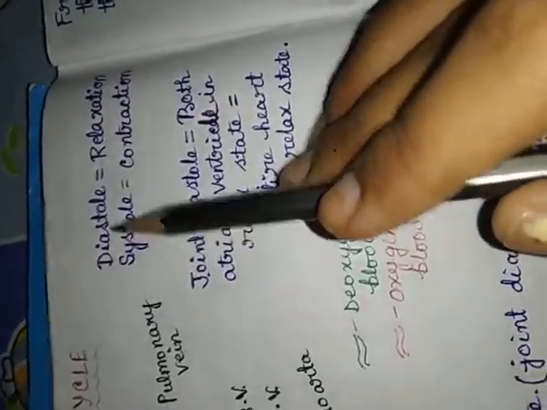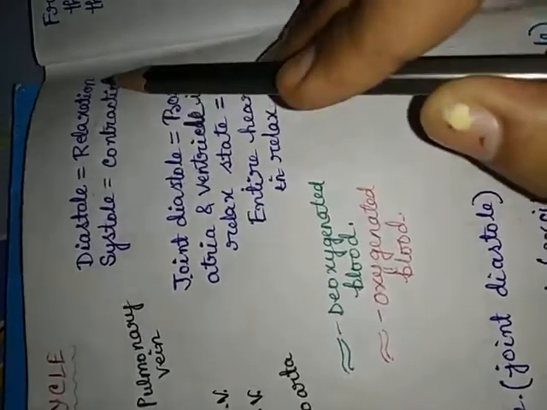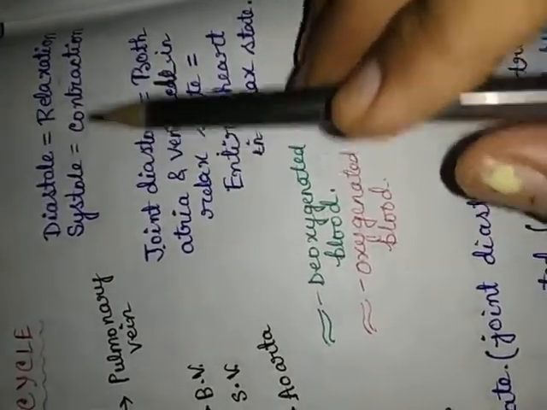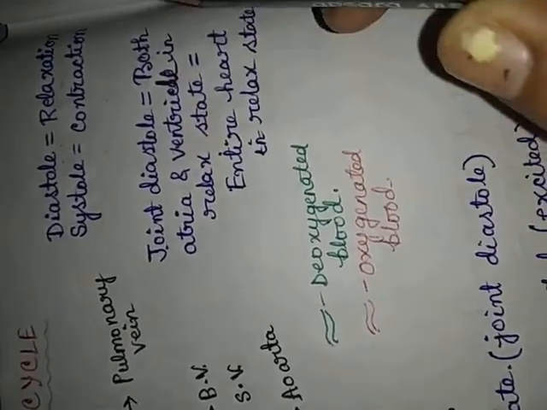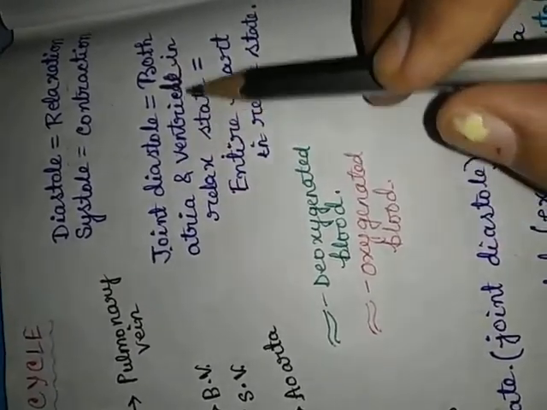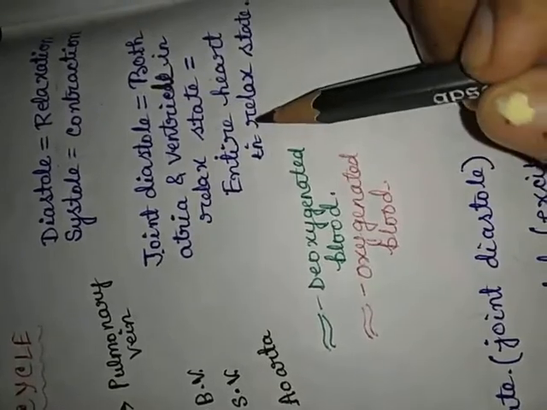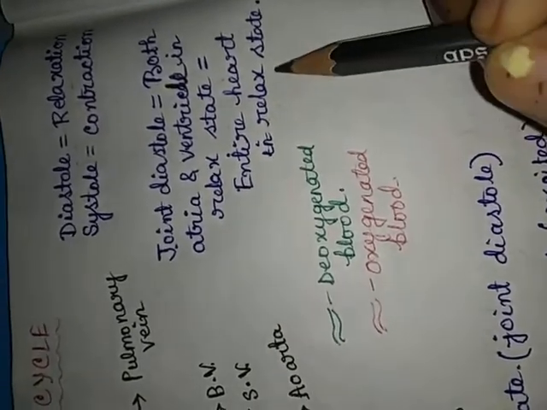Here remember, diastole means relaxation and systole means contraction. So joint diastole means both the atria and ventricles are in a relaxed state, or the entire heart is in a relaxed state.